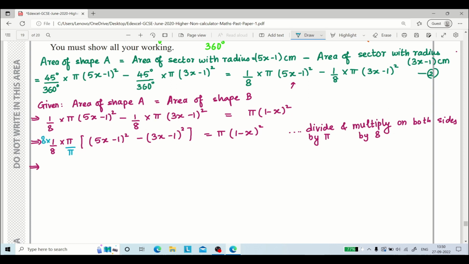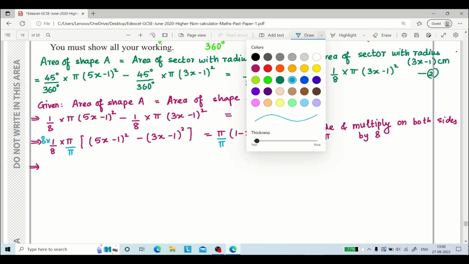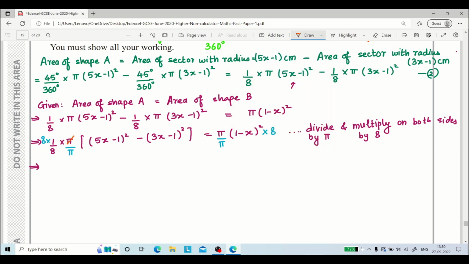Again here you're dividing by pi and multiplying by 8. Yes, that gives you, this gets cancelled, this gets cancelled, and pi also gets cancelled. So here we are just left with 8, right? So what do we get? We get 5x minus 1 whole square minus 3x minus 1 whole square equal to 8 into 1 minus x whole square.